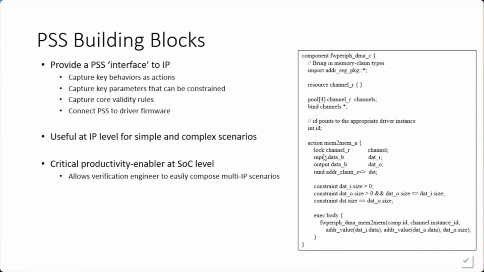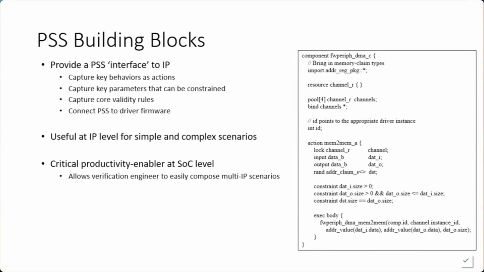Down here at the bottom, we have an action for doing a memory-to-memory transfer on a DMA channel, and this contains all of the constraints that dictate what a legal channel is or what a legal transfer is, and spell out the resources that a transfer requires.